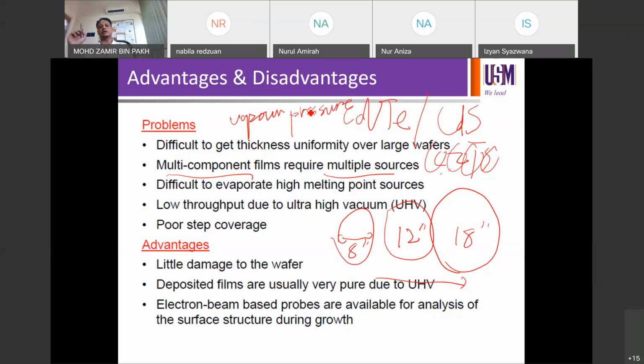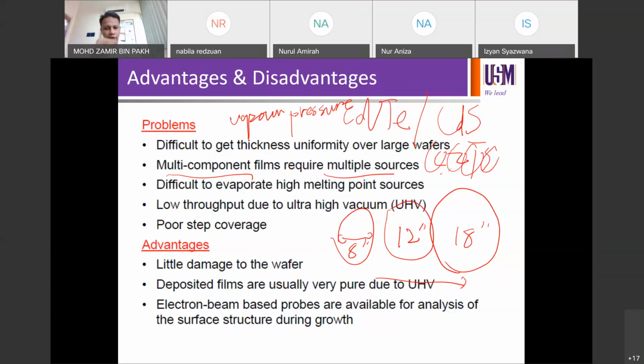If you use a single source, for example, if you have CZTS as a single source to be evaporated, then you will probably see that whatever you have on the substrate will not be stoichiometric in nature. You won't have the exact proportion of CZTS as you intended, because the vapor pressures and the melting points of each element are different for you to do a single source deposition.